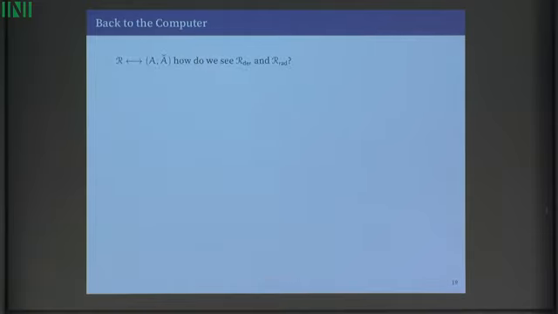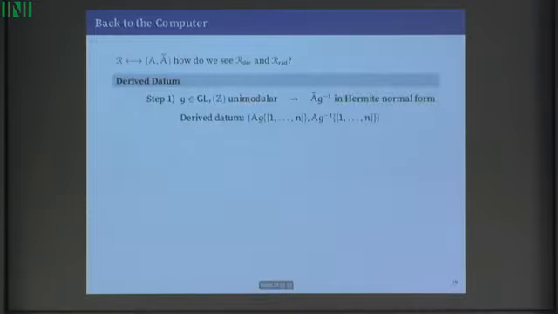Okay, so how do we see the derived root datum and the radical? So for the derived datum, well, you take a unimodular matrix and you put A check G inverse transpose into Hermite normal form. So you're basically changing a basis so you can see easily those things which annihilate the co-roots.